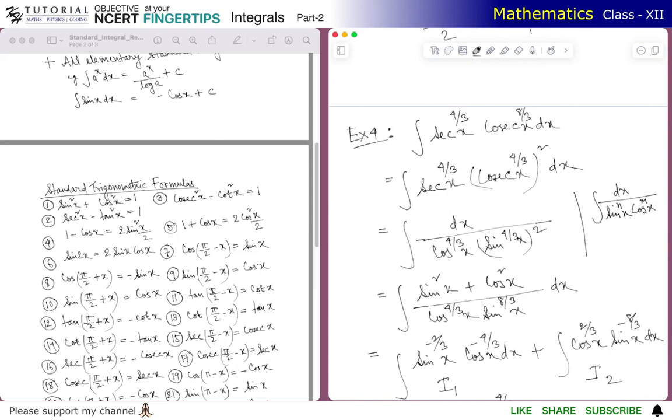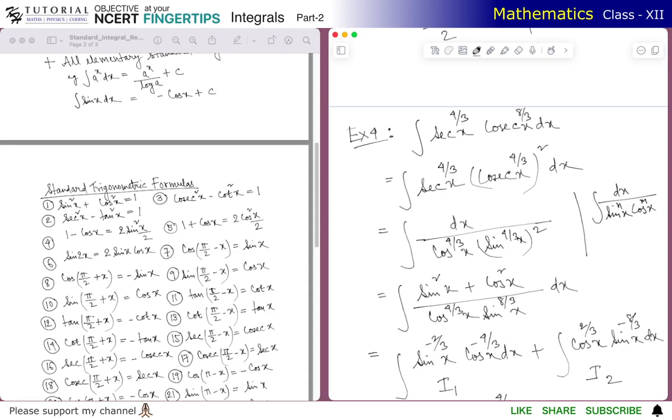What can we do? cosec x is 1 by sine. If we take sine square, cosec square... cos to the power 4 by 3, sine x to the power 4 by 3.